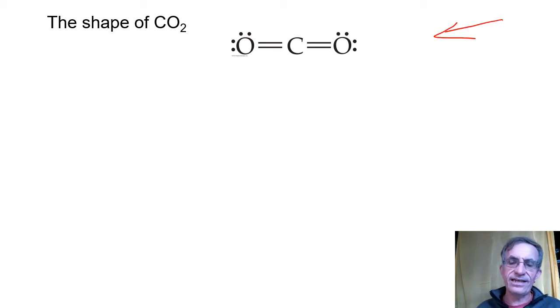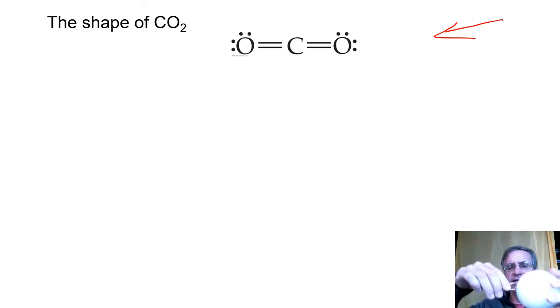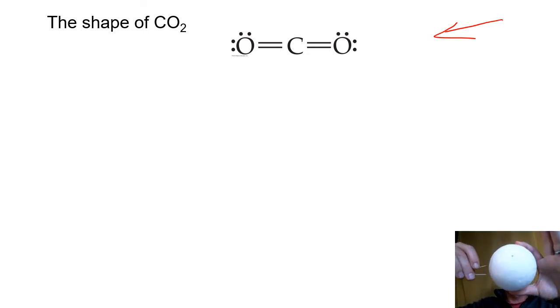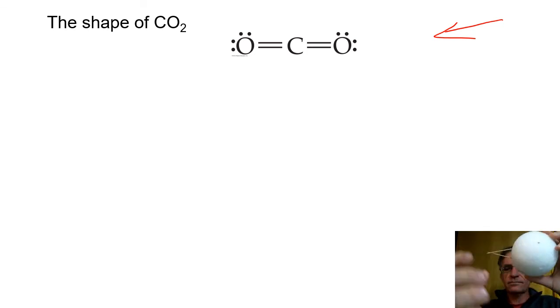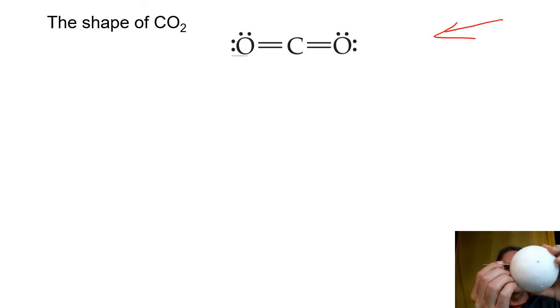Now, what I want to think about is what's around the middle atom and what's going to happen to get those electrons around the middle atom away from each other. To help you see this, at least for the first 1 or 2 here, I'm going to imagine if I could see a molecule, what would happen. All right. So we'll let this big sphere be the carbon atom, and we'll let these sticks be my electrons.